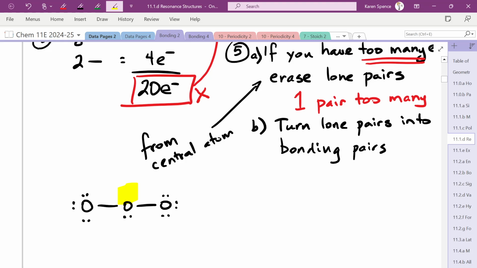Is that a good structure? What's wrong with that structure? The central O only has 6 electrons. 2, 4, 6. That's no good, right? It needs to have 8. So how about I just put a pair there?